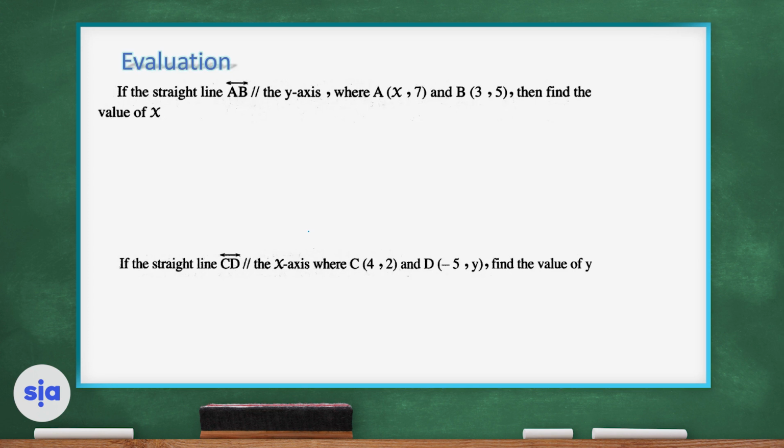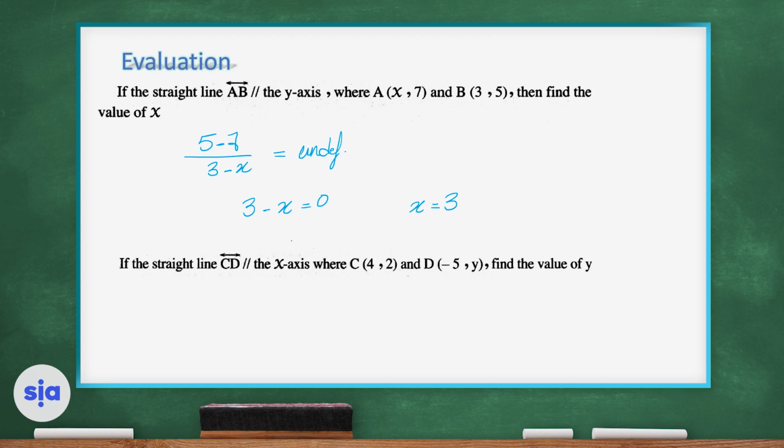The slope is undefined, meaning that the denominator is 0. So the slope (y2 minus y1) over (x2 minus x1) is undefined. Undefined meaning that the denominator is equal to 0, so x is equal to 3.